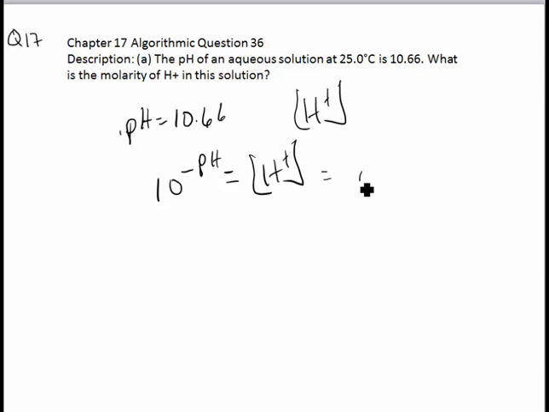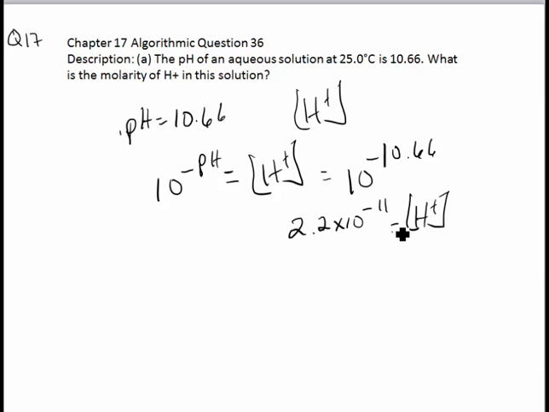In this case, that becomes 10 to the minus 10.66. And the answer I get there is 2.22 times 10 to the minus 11 is equal to H plus concentration.